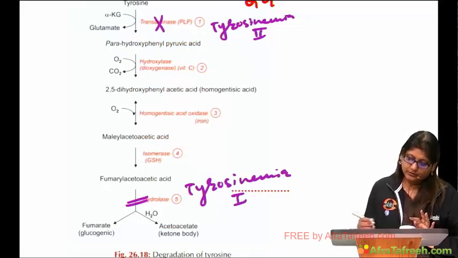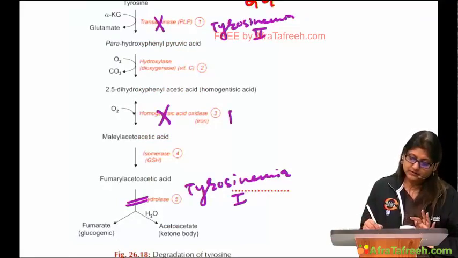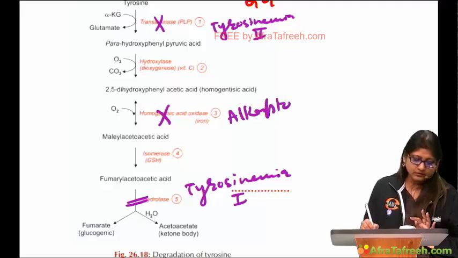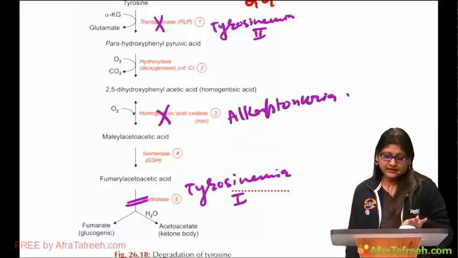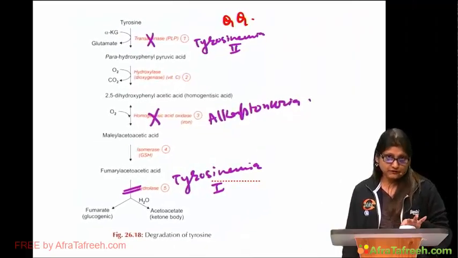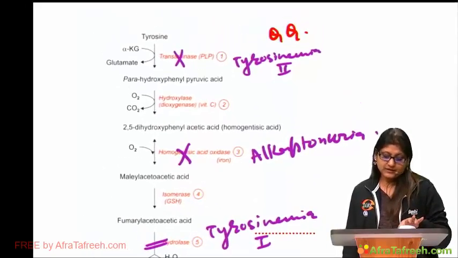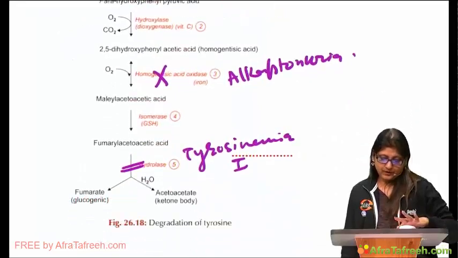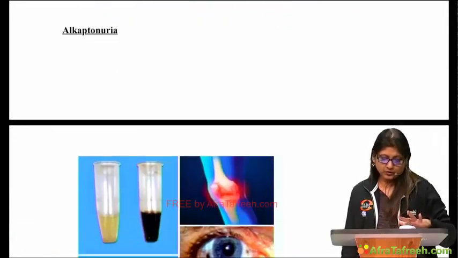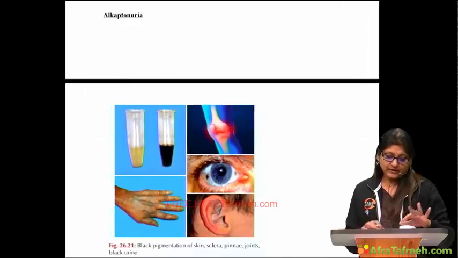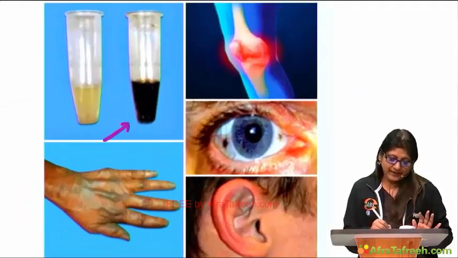And alkaptonuria is due to deficiency of homogentisic acid oxidase enzyme. So these are the disorders which you must note. When we talk about alkaptonuria, the urine turns black on standing.